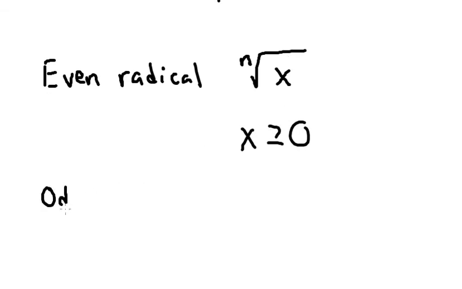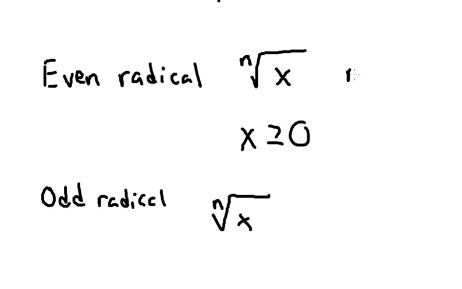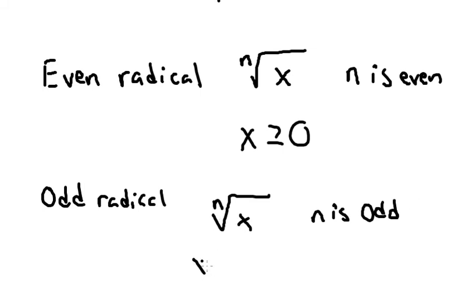But if we have an odd radical, so we have an nth root, where n is odd, then x has no restrictions for an odd radical.